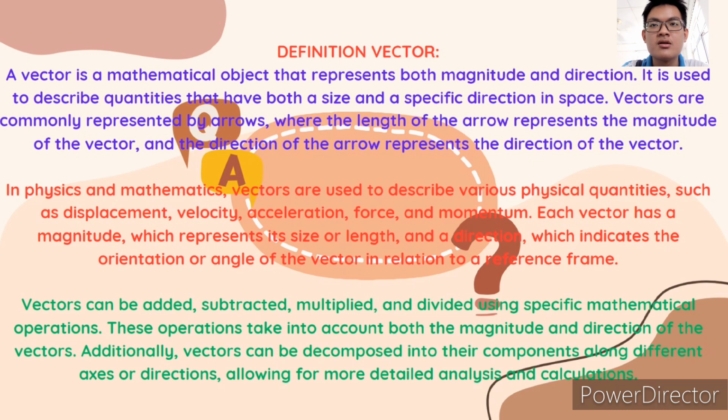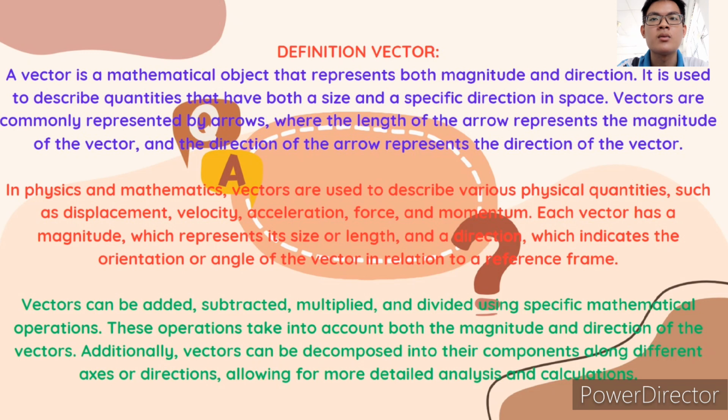Definition of vector. A vector is a mathematical object that represents both magnitude and direction. It is used to describe quantities that have both size and specific direction in space.